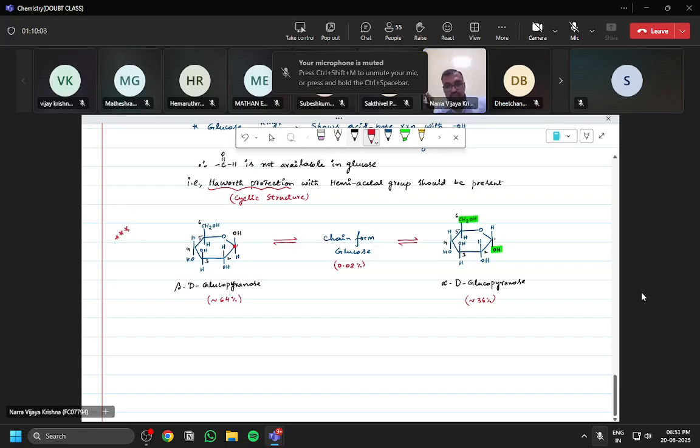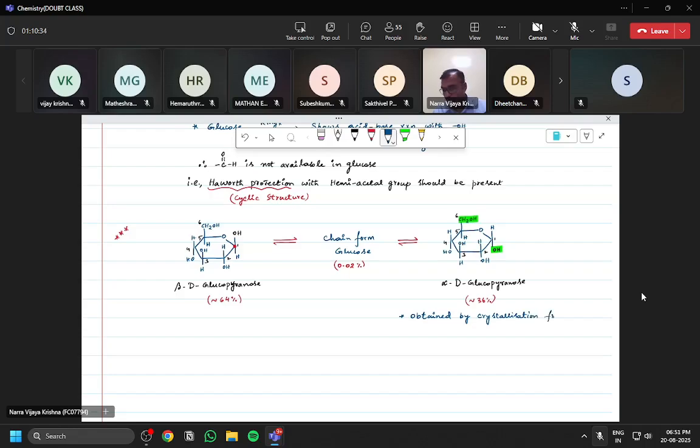No, sir. How to differentiate between these two? Both forms have different properties; they do not have the same properties. The alpha form is obtained by crystallization from a concentrated solution of glucose at 303 Kelvin.